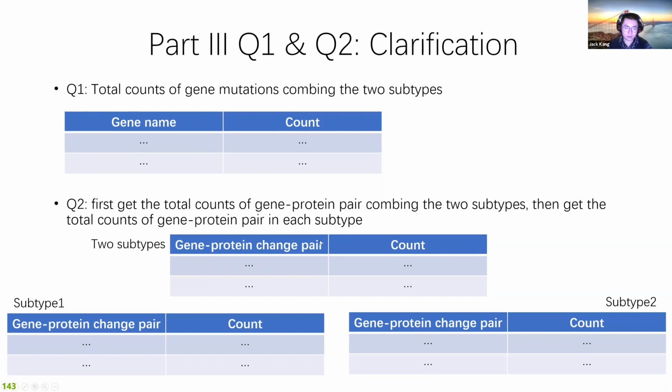And in question 2, you need to first get the total counts of gene protein change pairs combining the 2 subtypes. And then you do the similar thing, but this time in each subtype separately. So in question 2, we want to see three tables of frequency.